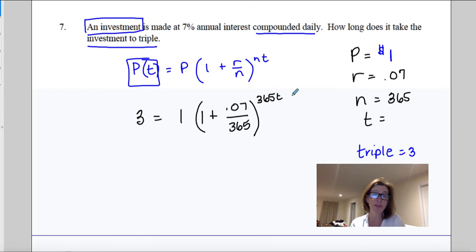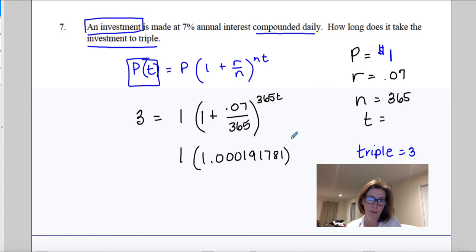Okay, so I'm going to do some simplification here. So 0.07 divided by 365 plus 1 gives me 1.000191781 to the 365t.